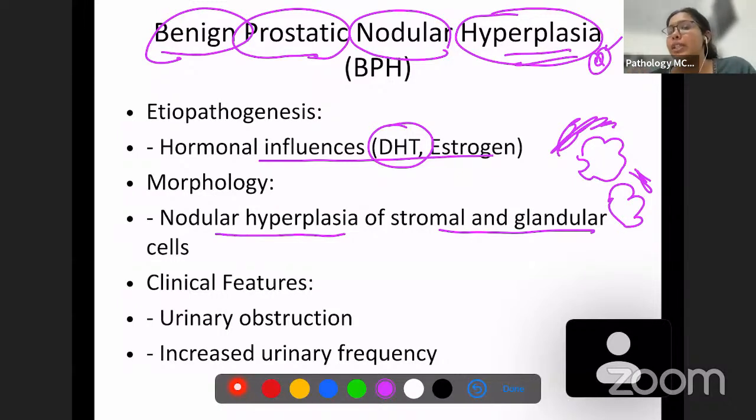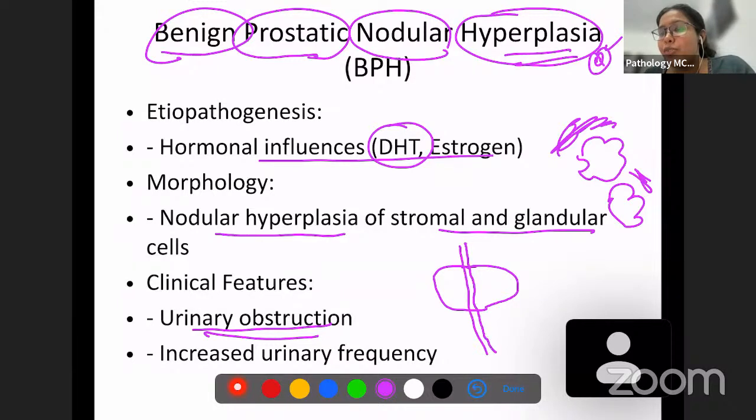So what is the clinical feature? Usually, this is the prostate, and you have urinary obstruction. The urethra travels from the center of the prostate like this into the bladder. Here is the central zone, and there is a transitional zone.